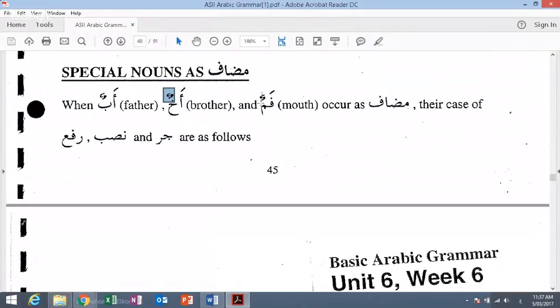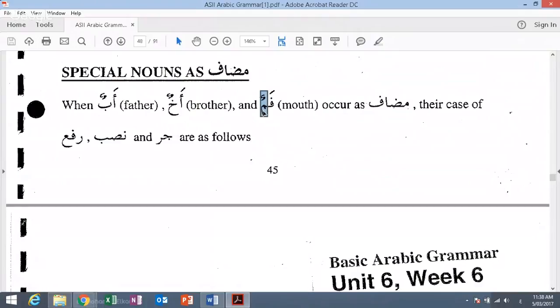Now this one, meme. This one, the tricky one. This Famun, isn't it? So if you think, okay, because of Abun and Akhun, we are going to say it the same way, Famun should take the tanween off, and we put the waw.